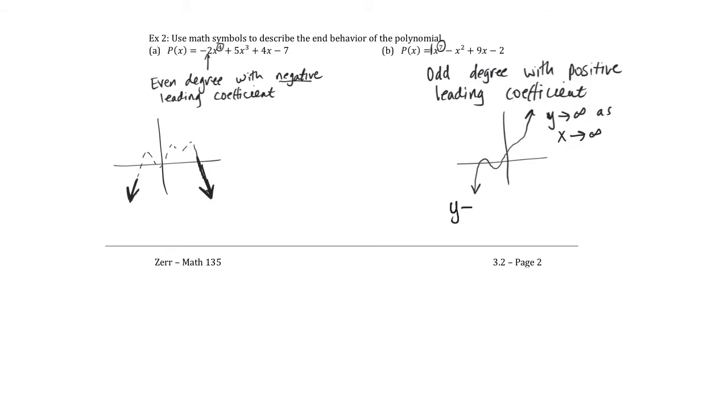Here we have y going towards negative infinity as x goes towards negative infinity. And likewise, y is also going towards negative infinity as x goes towards positive infinity.